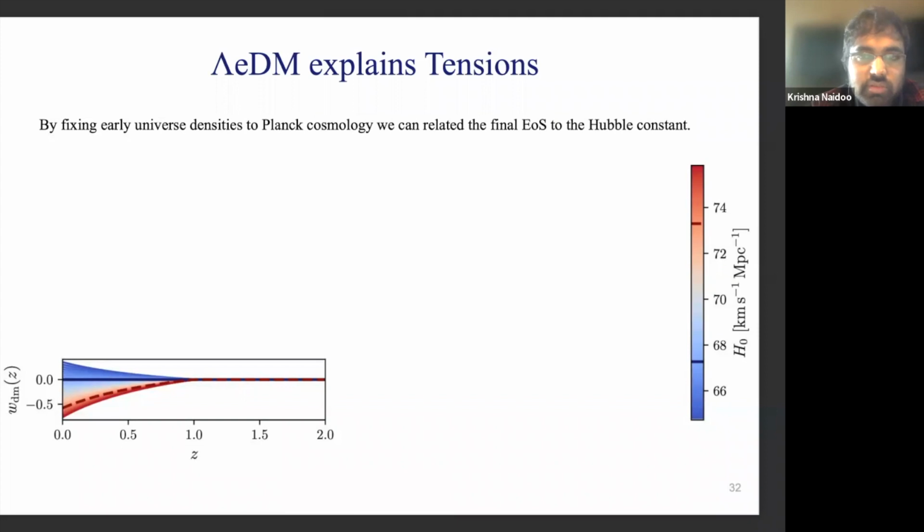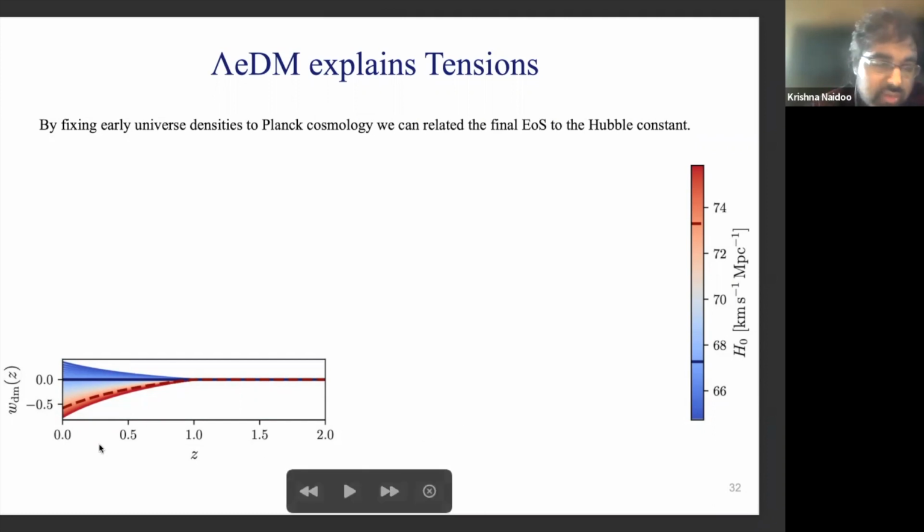Okay, so if we just set the early universe densities to Planck cosmology, we can play around with this model by fixing the Hubble constant value. Here is a model of evolving dark matter with the equation of state changing as a function of the Hubble constant.